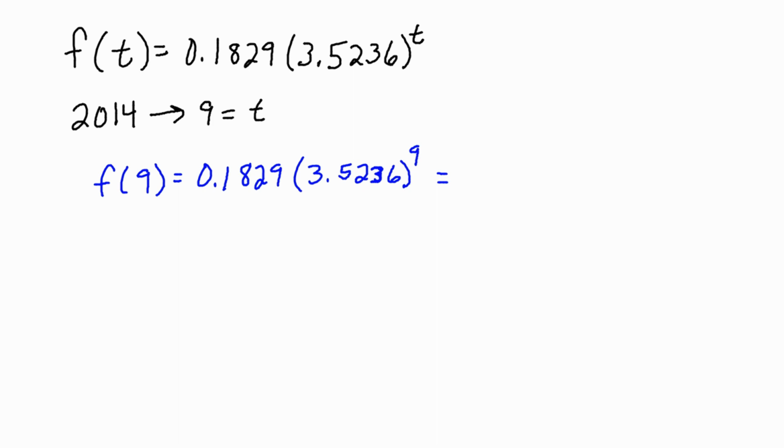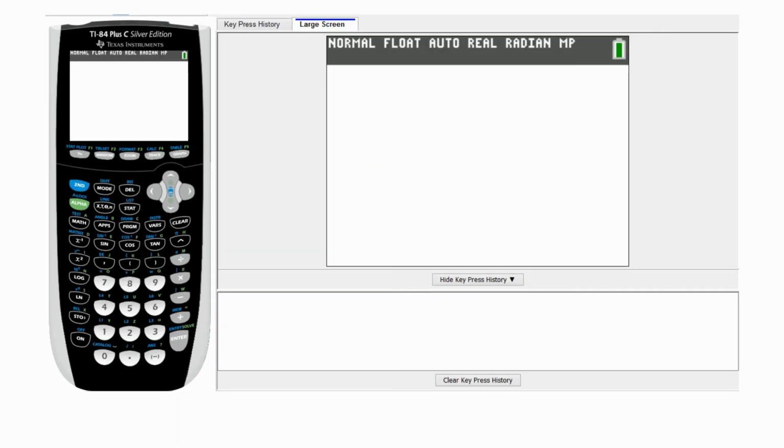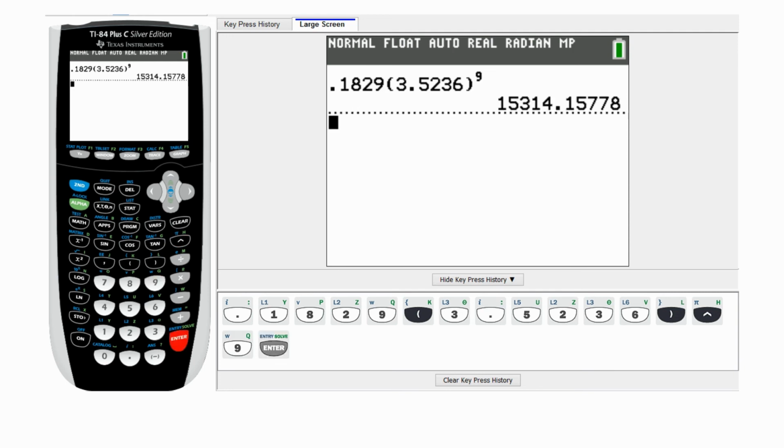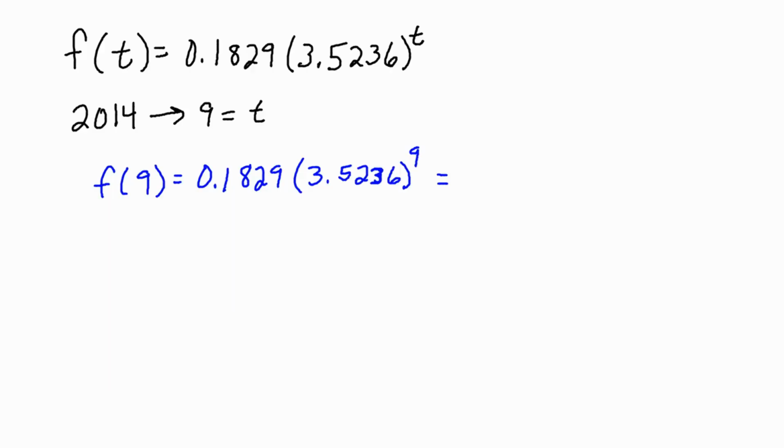We want to calculate that. So type in 0.1829 parenthesis 3.5236, close parenthesis, to the 9th power, and I get 15314.15778. Rounding to the nearest person, I have 15,314 people working at Twitter in 2014.